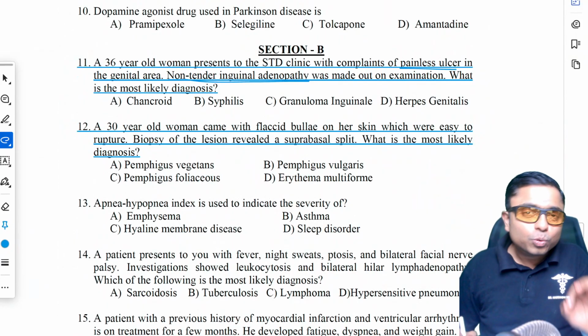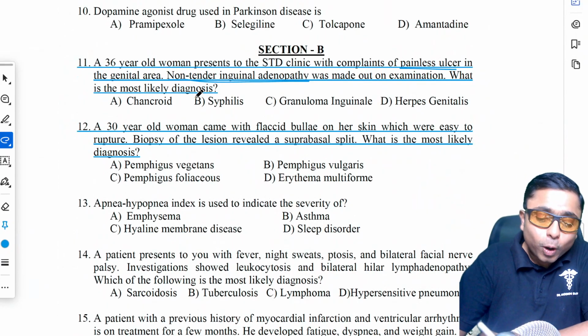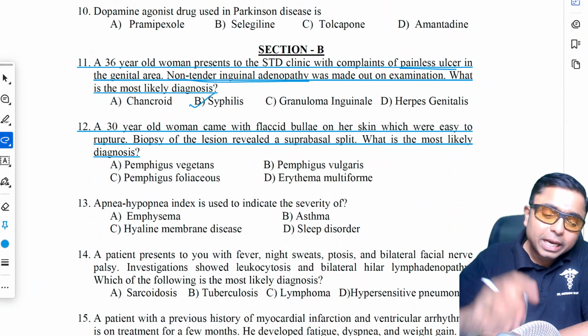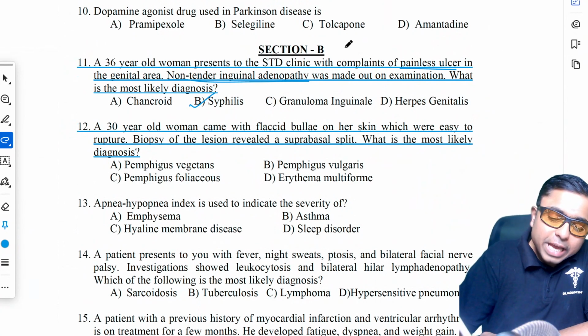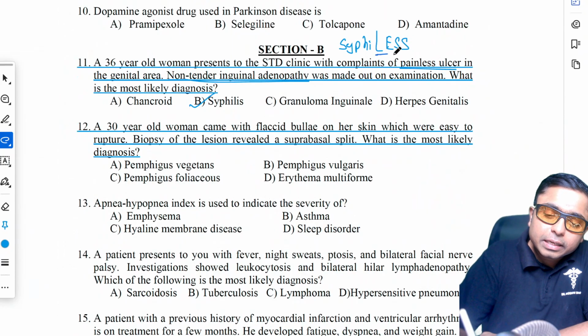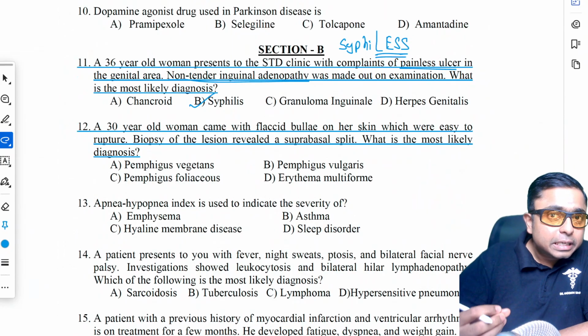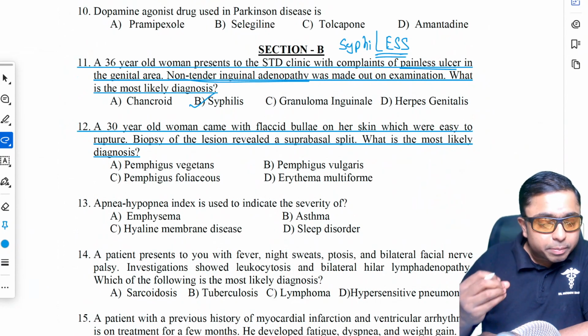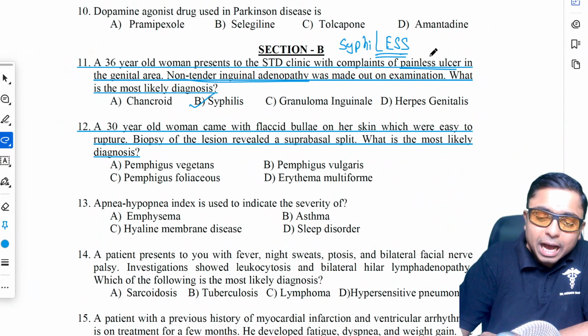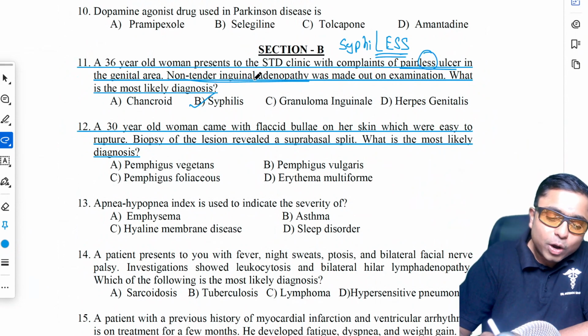So if you thought of the answer as option B, syphilis, you are absolutely correct, because if you remember, we have discussed in our classes that syphilis is the better answer for this disease. Why? Because in this, both the genital ulcer and also the inguinal lymphadenopathy, both of them are non-tender, which means painless.